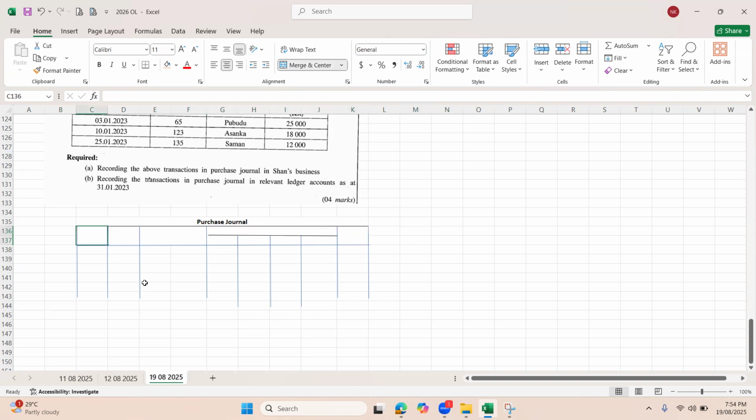Right. So this is having date, source document is invoice number.